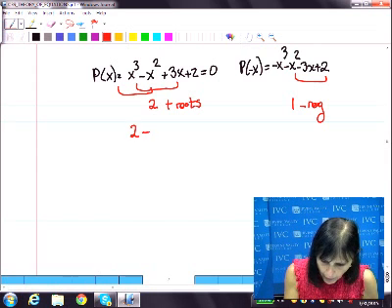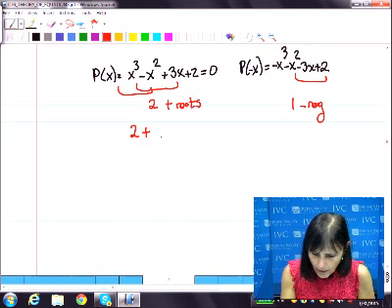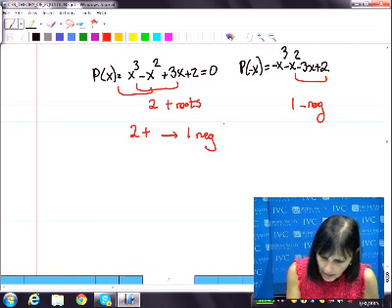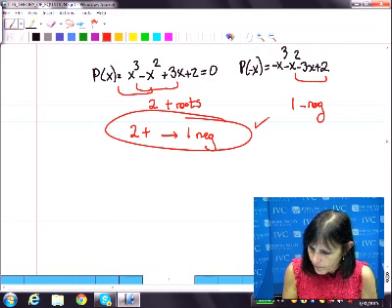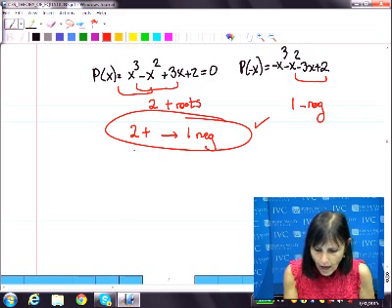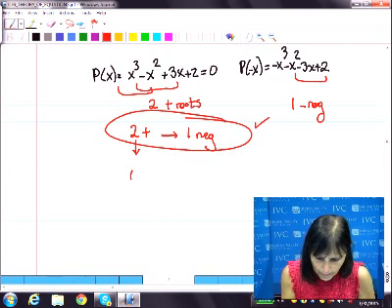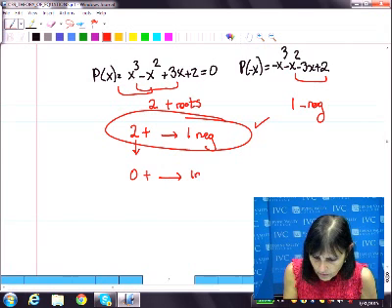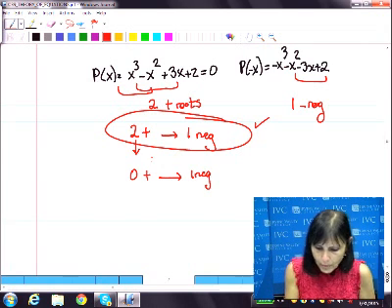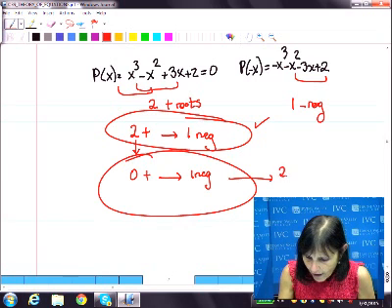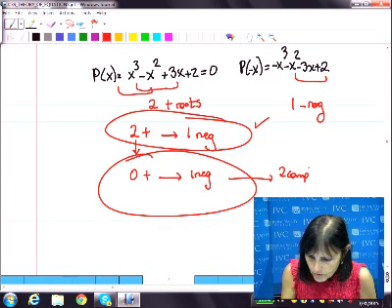If I have two positive roots and then one negative root, that's totally possible. Now let's take the 2 away from the 2, so that means 0 positive roots. You'll still have one negative root, but the problem is I need to get to 3, so that means I'm going to have two complex roots.